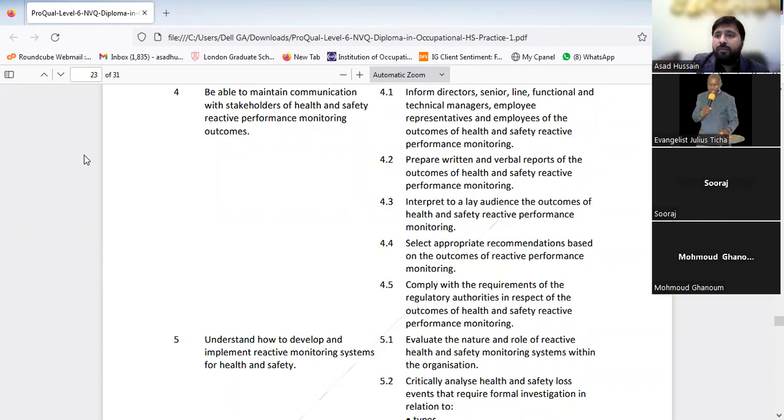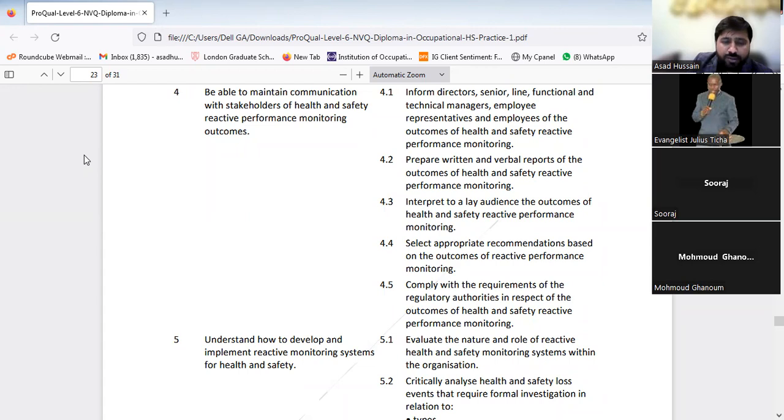We have number 4, be able to maintain communication with stakeholders of health and safety reactive performance monitoring outcomes. Now here it is asking how you are sharing the information of reactive performance monitoring outcomes with the stakeholders.